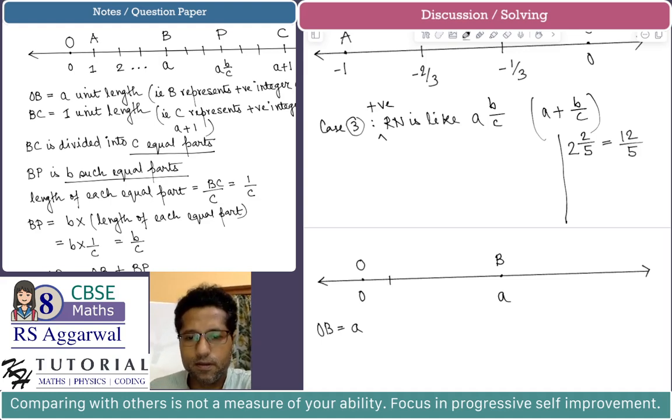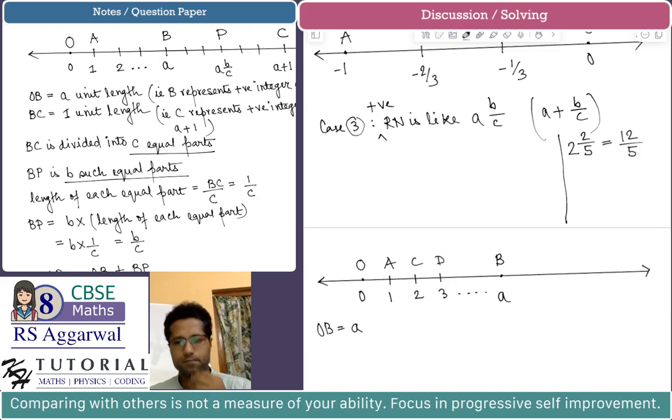Somewhere in between you will have 1, 2, 3 and so on. Let's say this could be A, C, D. But B is at distance a units from the point O.